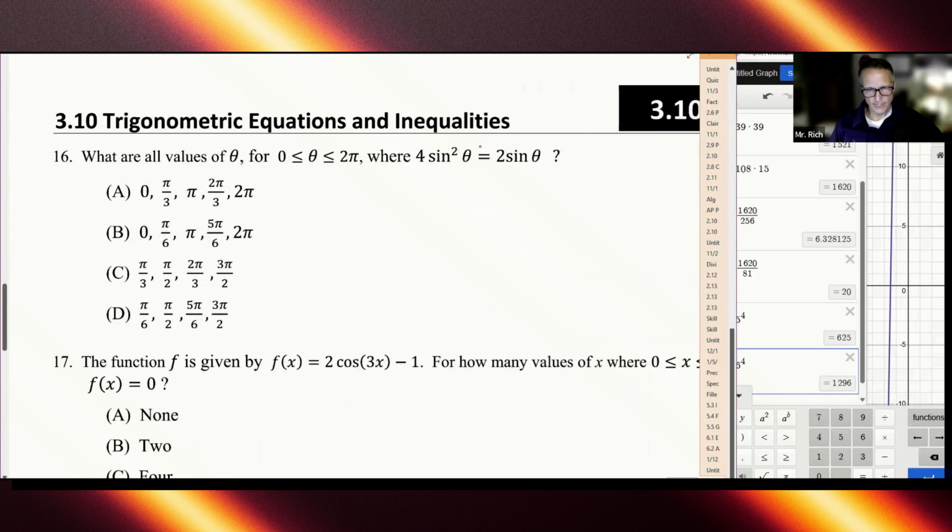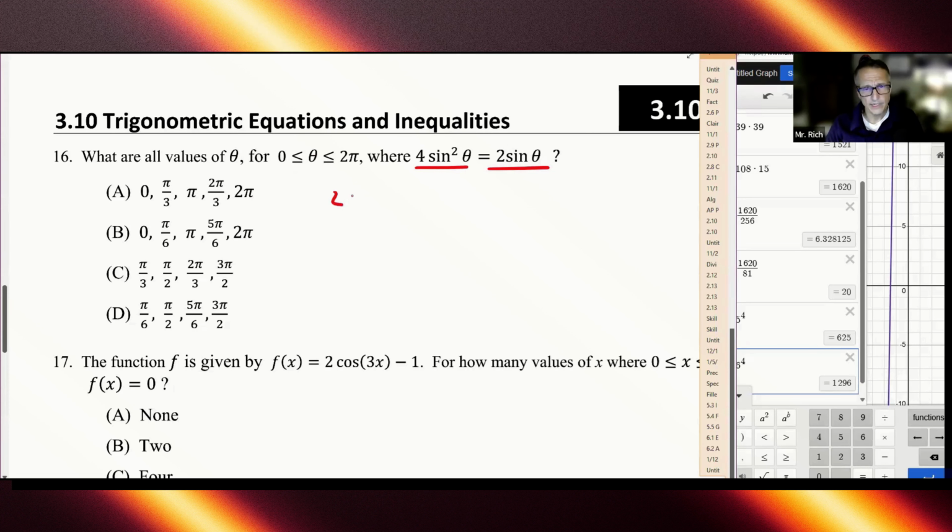Well, what I need to do to solve this equation is do what I normally do with nonlinear equations, where I have powers on my variables: I get everything on one side, try to get 0 on the one side, and then factor it, and then use the zero product property, which says that if two or more things are multiplied, and the answer is 0, one of them has to be 0, and you split them into two separate equations.